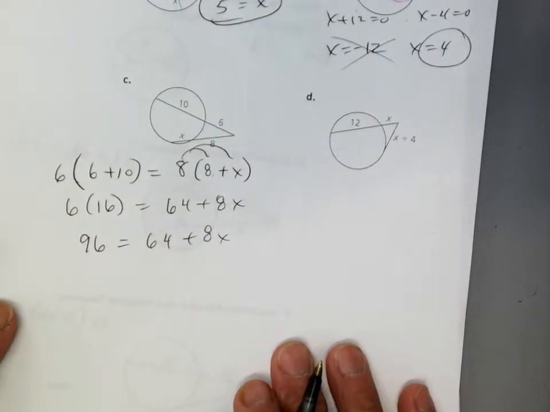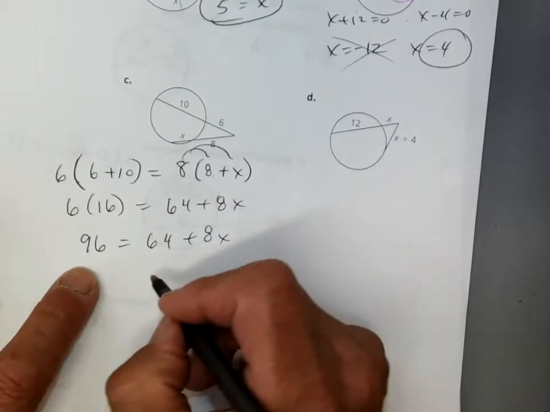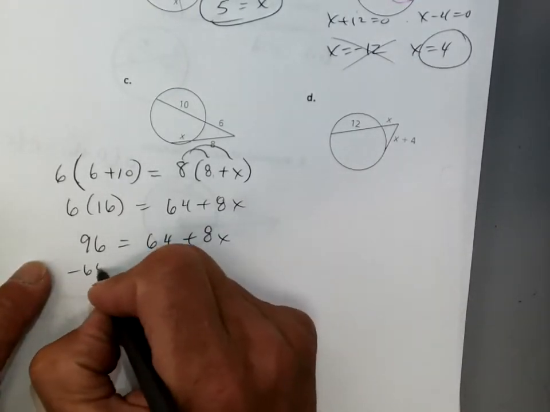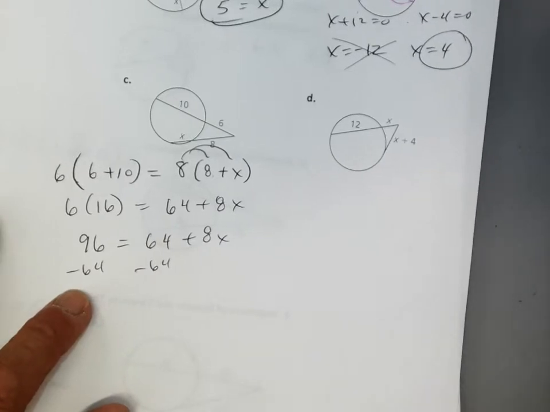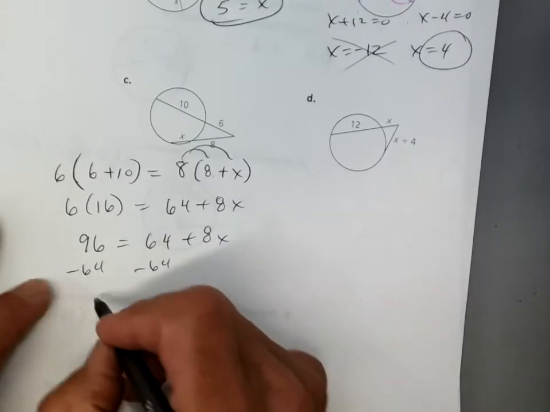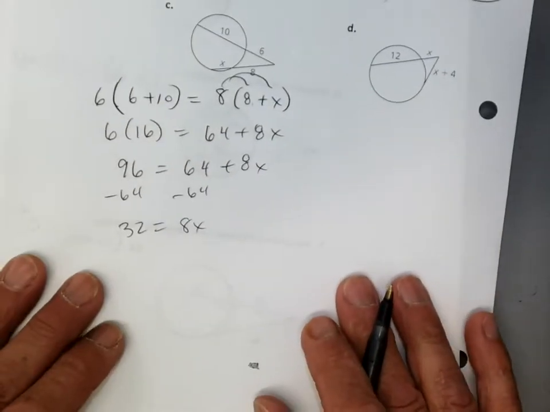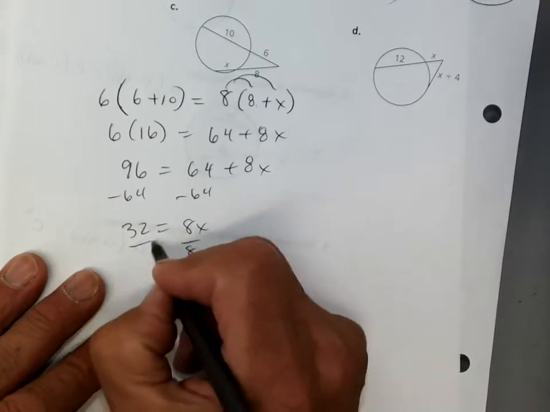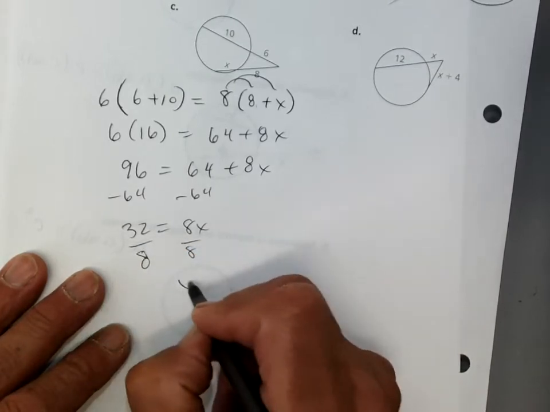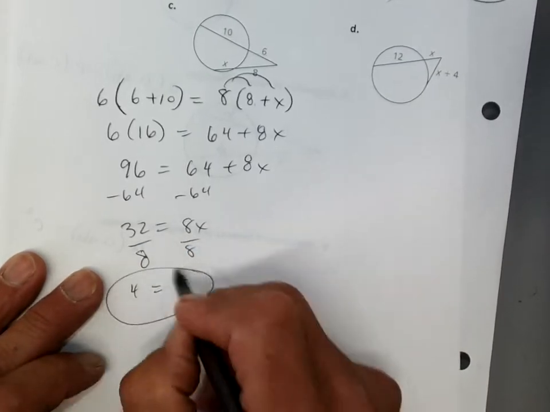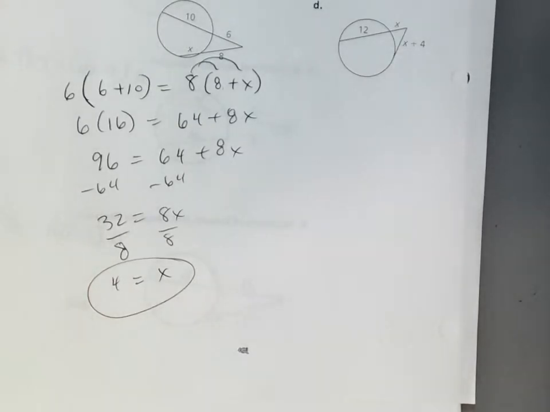Minus 64, and so I get 96 minus 64, and I get 32 equals 8x. Divide by 8. x equals 4. Okay, not too hard, you guys agree?